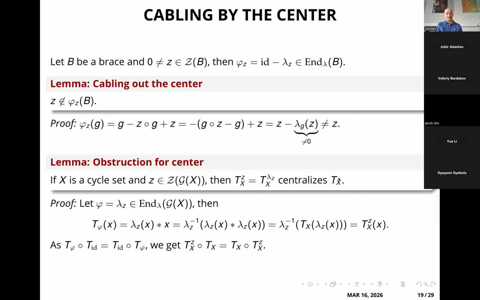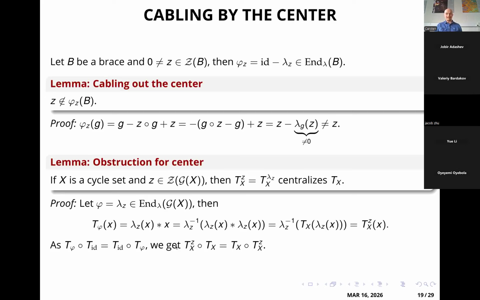The idea is simply that we know lambda z is itself a lambda endomorphism, and we can compute the diagonal of the phi cable solution, in this case the lambda z cable solution, simply as T conjugated by lambda z. And as we said before, we know that all diagonals that come from a phi cabling commute with each other. So we know that T to the z commutes with T.